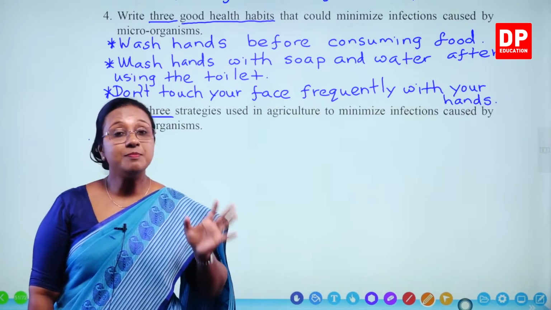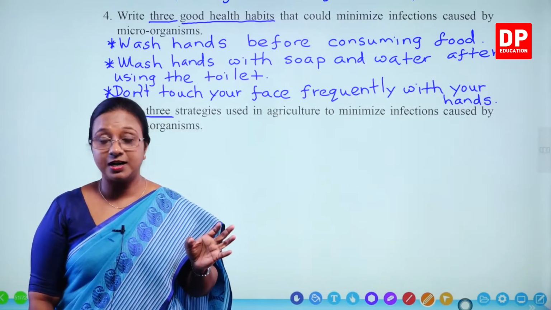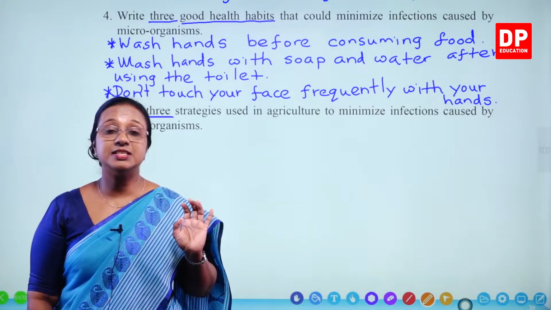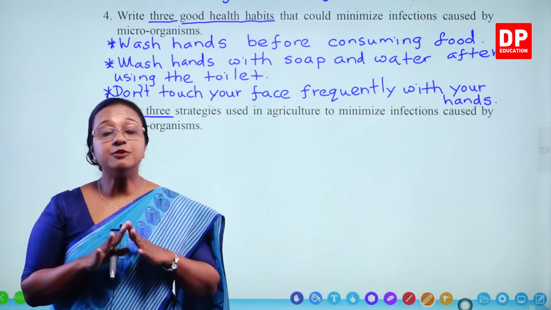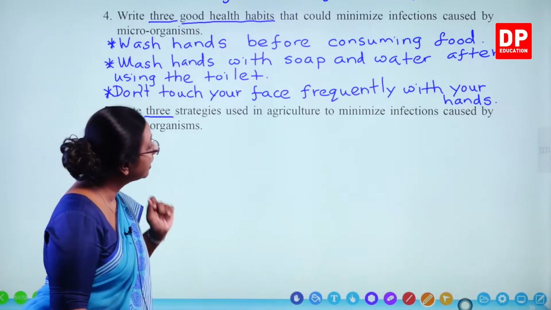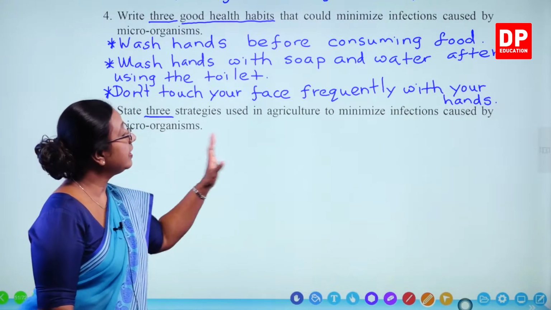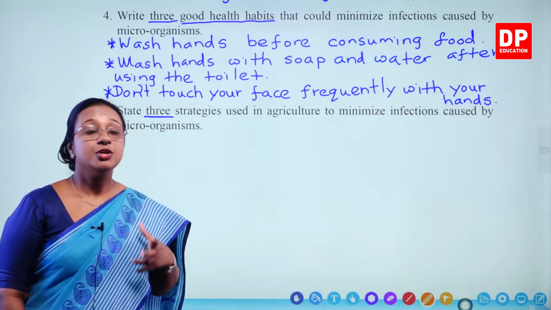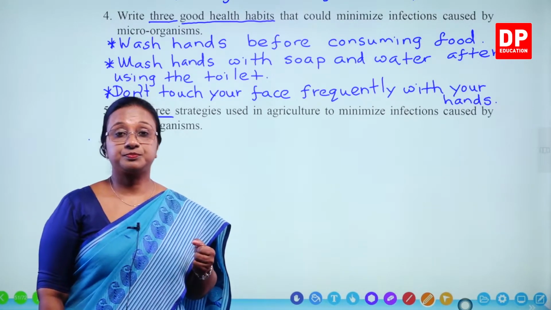I told you all mainly it is the fungus. In addition to that, virus also causes diseases, but mainly the fungus. So if we can prevent fungal infection, then we can minimize the infections in agriculture. So what do they do?